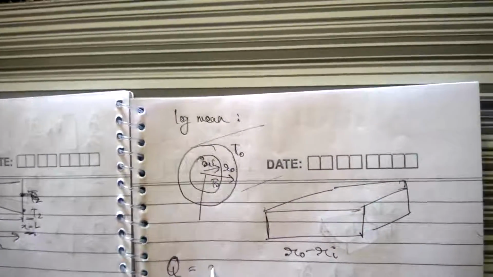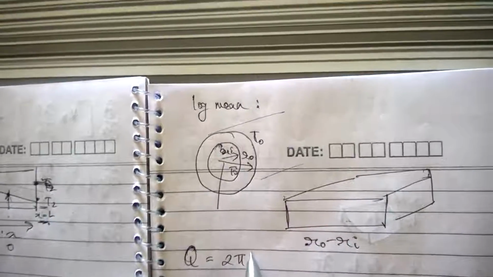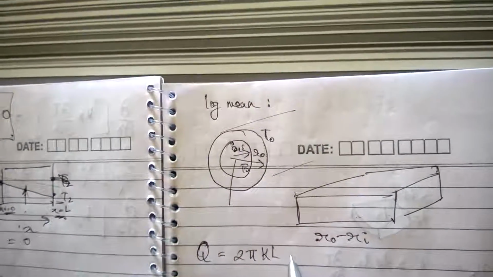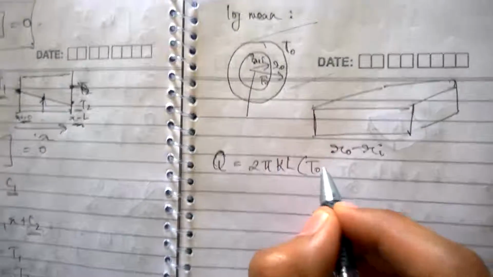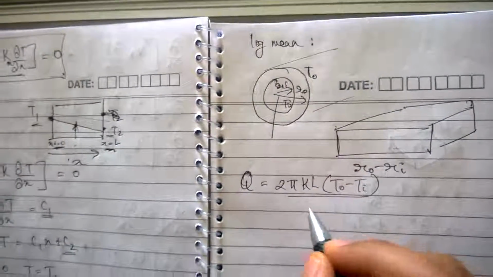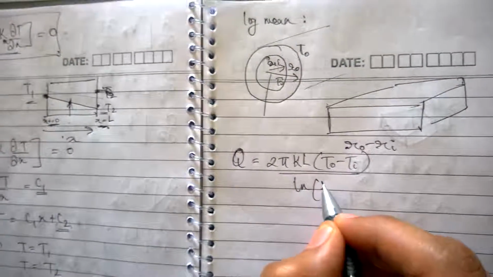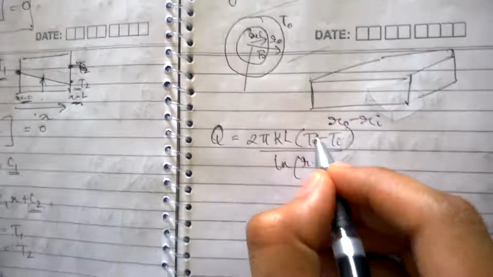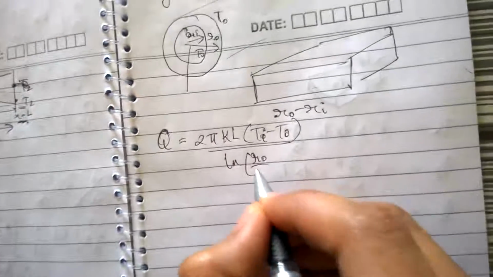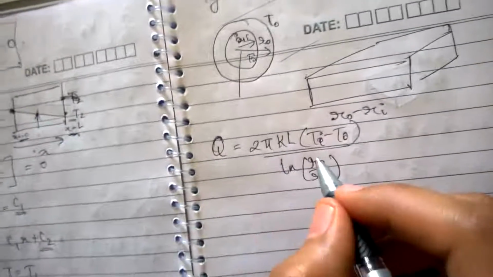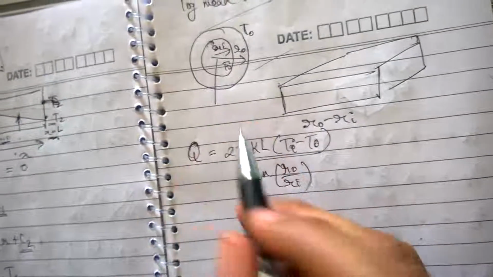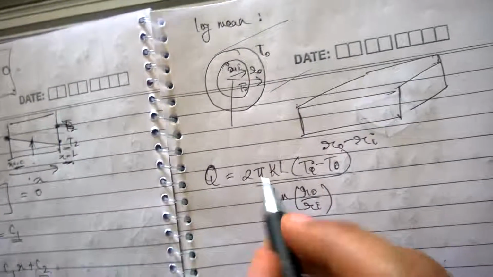So Q equals 2 pi KL, T inner minus T outer by ln of R outer by Ri. I've not shown how this is arrived at, but we can see this later.